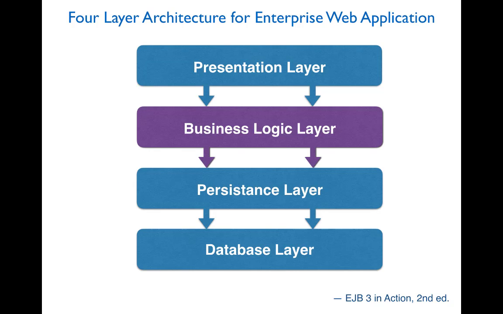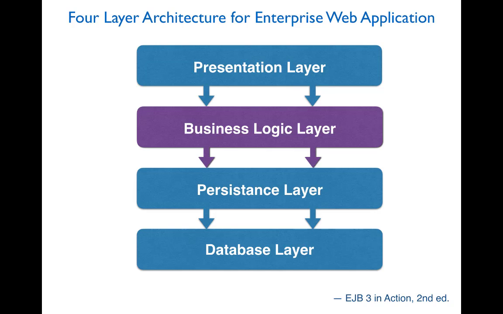We have talked a lot about the model view controller architecture, but sometimes when enterprise applications are discussed, they are talked about in terms of layered architectures. In a layered architecture, each layer or tier has a well-defined task, and it passes the remaining work to the layer below it.